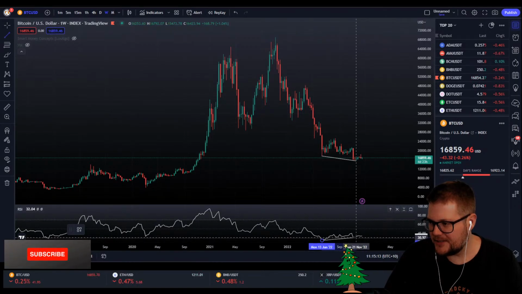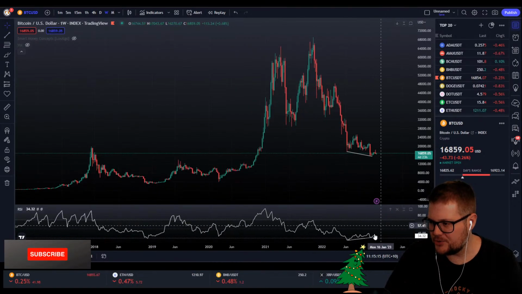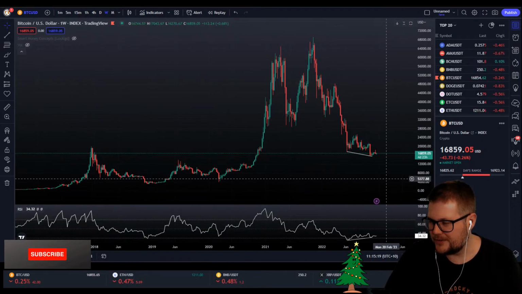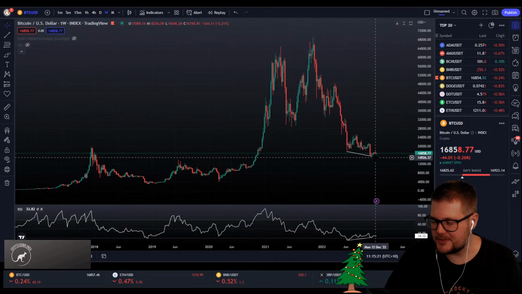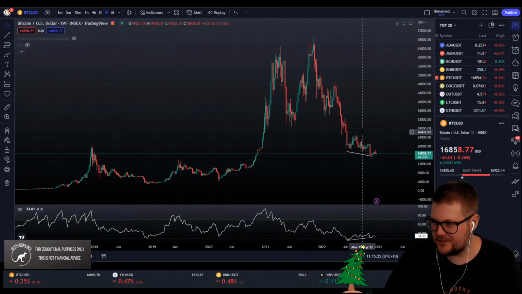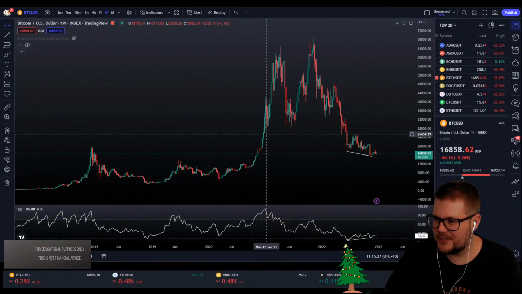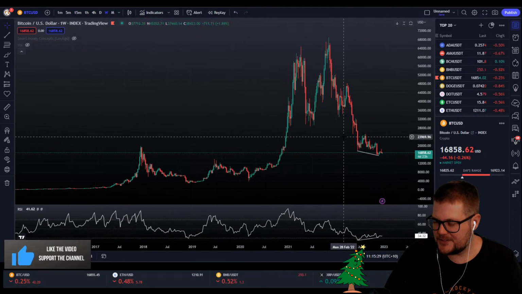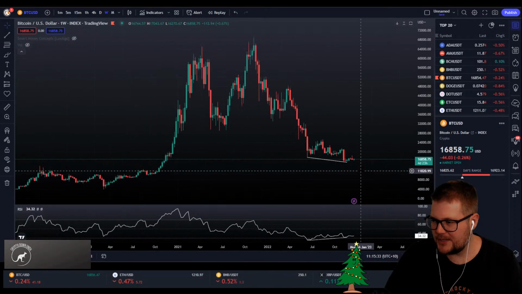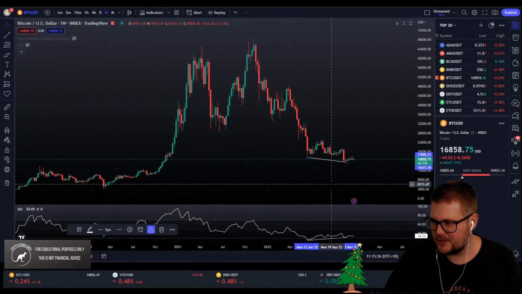Technically speaking, that is an indication that we're due for some kind of rally going up. When you have bullish divergence, the expected move is a movement up. How you doing, Honest? Good to see you on the stream. So that's what we're looking at here. We're just waiting for this squeeze to finish.